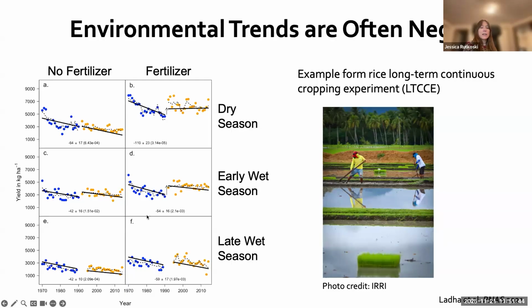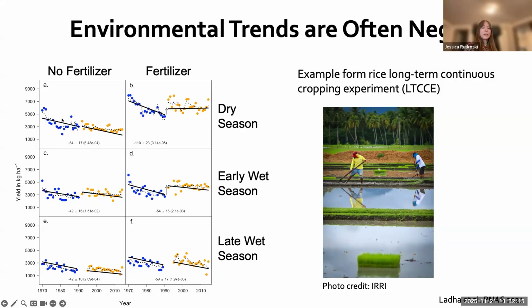Now, this is an example here on this slide, just to illustrate some environmental trends that I've encountered and seen. I've seen these in many different data sets, but in one case, when I was at IRRI, there was a long-term continuous rice cropping experiment where they just grew rice for 60 years in a row with 3 crops of rice per season in these different conditions, no fertilizer, with fertilizer.